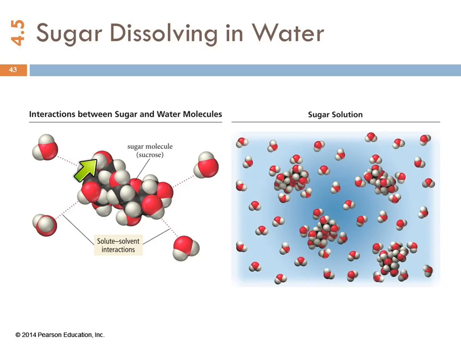Sugar molecules also have some unequal charge distribution, and so there's going to be this attraction between the negative oxygen atoms and the partially positive hydrogen atoms. And so they also speak the same language. And so these sugar molecules will get surrounded by water molecules, and that enables them to float around and make a homogeneous solution.